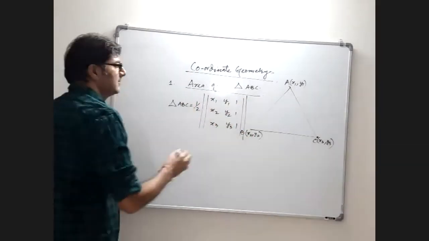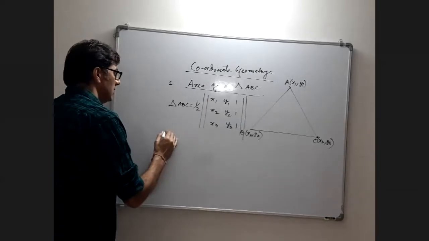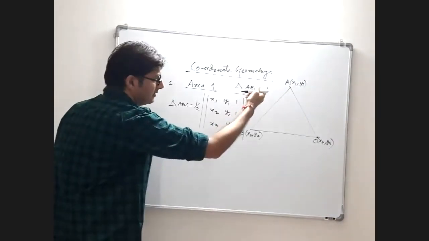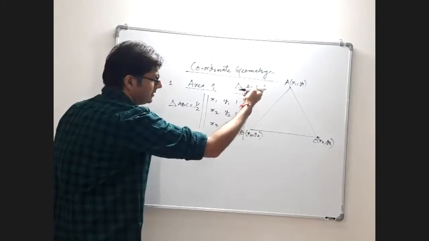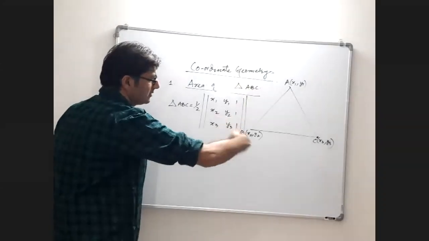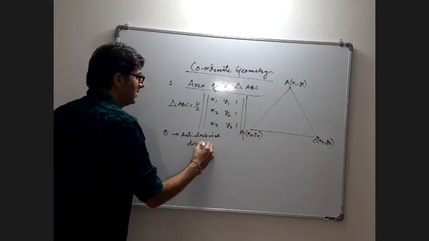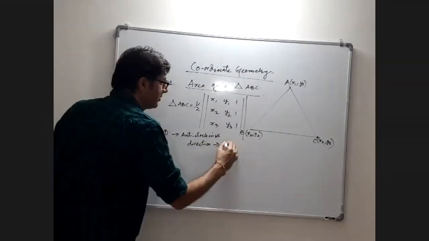Now look at this. Here, case number 1: if you take the coordinates in the anti-clockwise direction, the area we usually expect is positive.